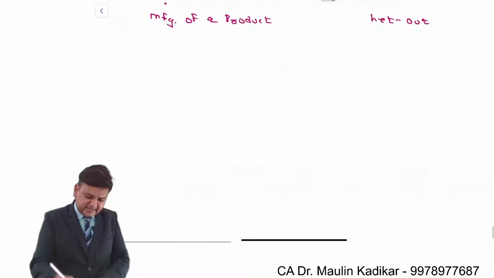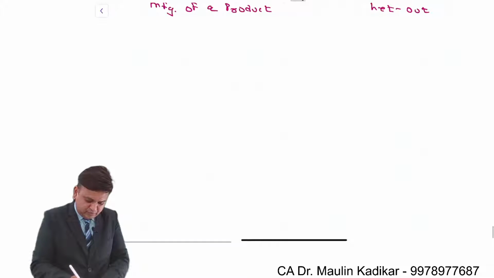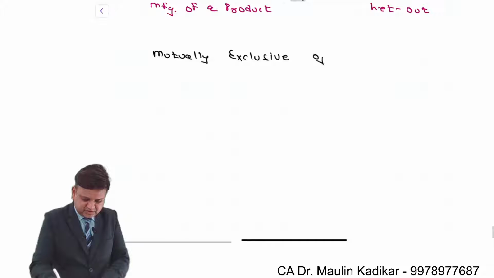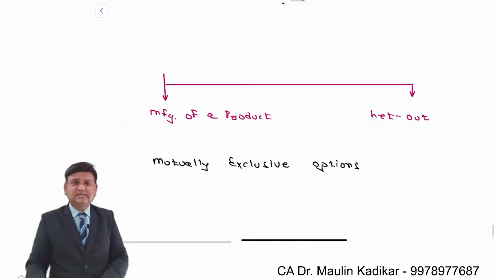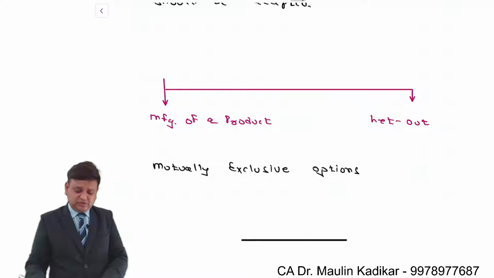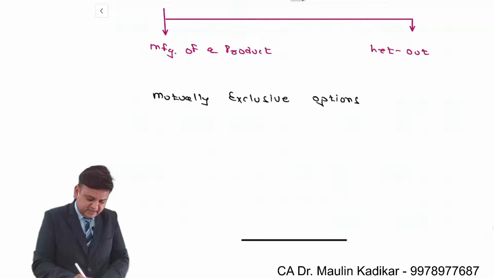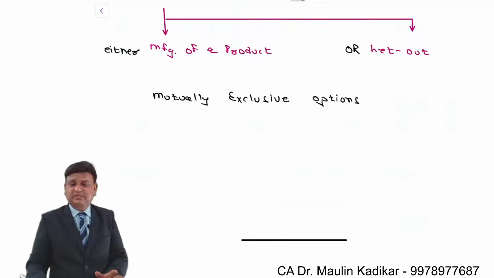That is the reason technically it is given a name as mutually exclusive options. Either this is possible or this is possible. Both of them are not possible simultaneously.